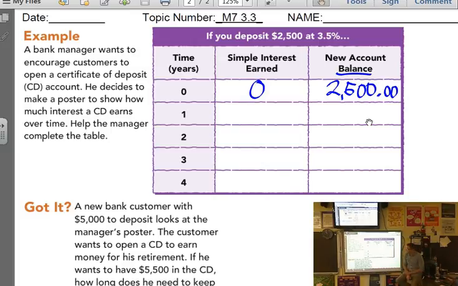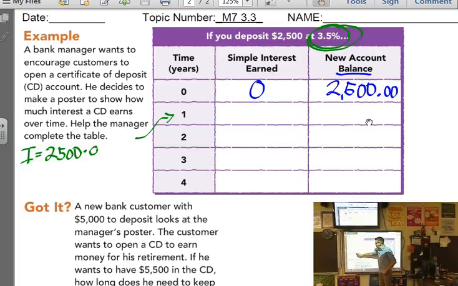Now to calculate my interest earned in 1 year, I can set up I equals my $2,500 principal times my rate. Well, what's my rate here? It is 3.5%, but in rate form, I have to divide that by 100. I get 0.035.